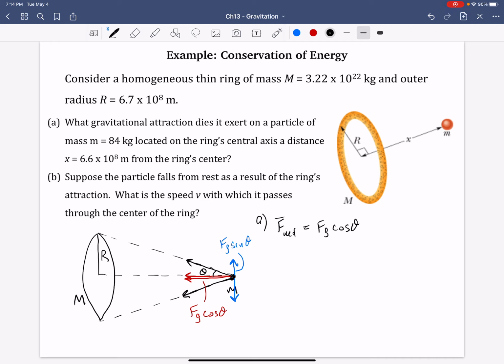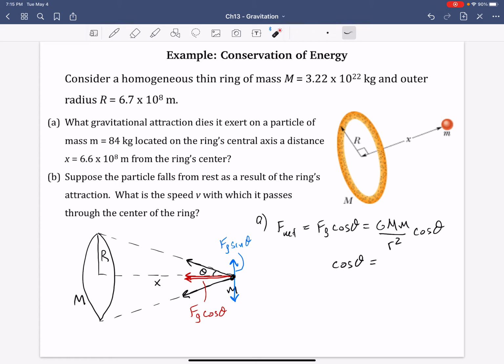All right, so really I guess we just don't need the vector bars. So this turns out to be G M m over r squared times cosine. In terms of our problem, what is cosine? I forgot to mark this as x. Well, remember that cosine is the adjacent over hypotenuse.